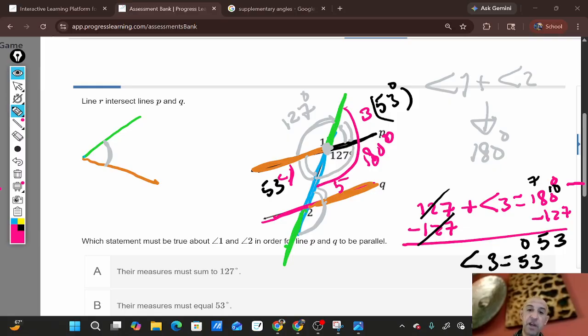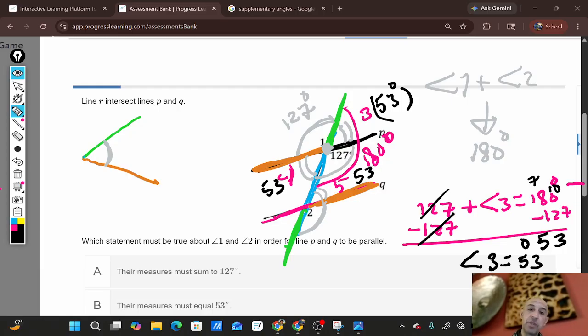Angle 5 above the line, so above the line Q, and this angle on the right side. So the angle 3 in above the line P and on the right. So that's mean the angle 3 equal angle 5. So angle 5 in this case will be 53.